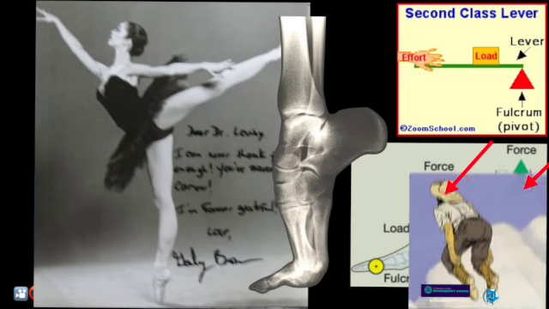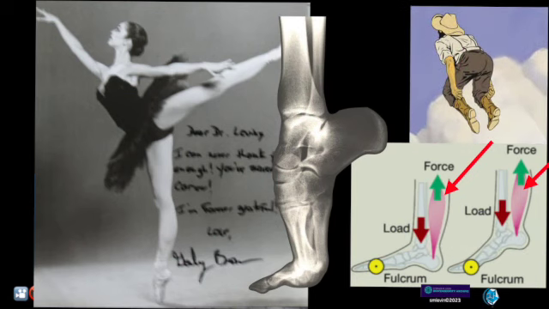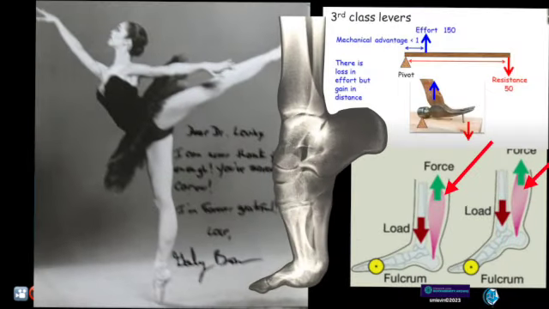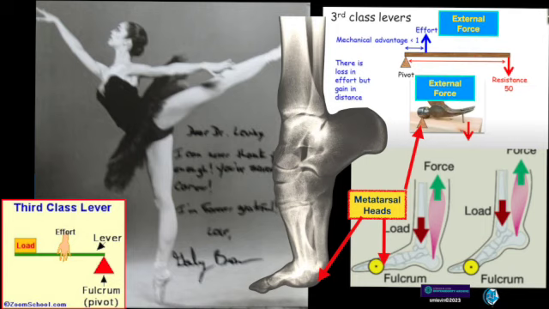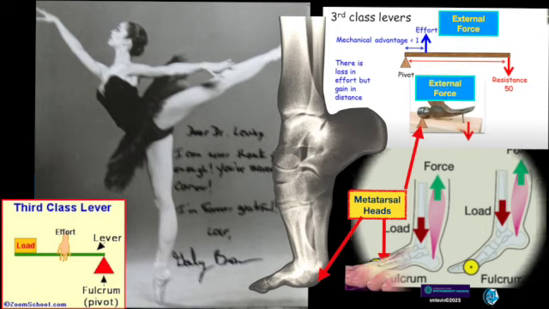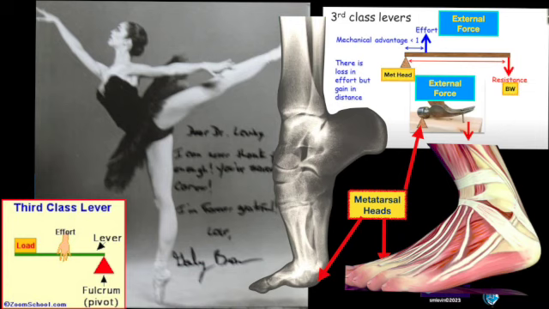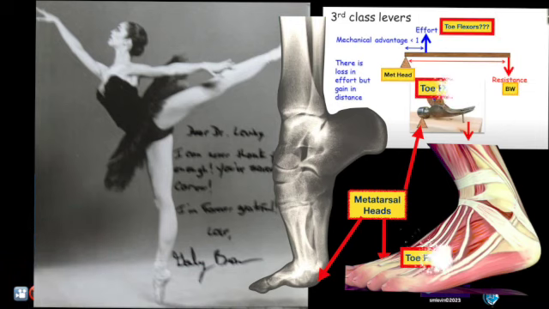Lifting the body by using your gastrocs would be like pulling yourself up by your own bootstraps. It can't be done. If we are using a lever model, what you really have is a third-class lever with the metatarsal heads as your fulcrums and the necessary external force coming through the toe flexors. Clearly impossible. They would be torn apart.